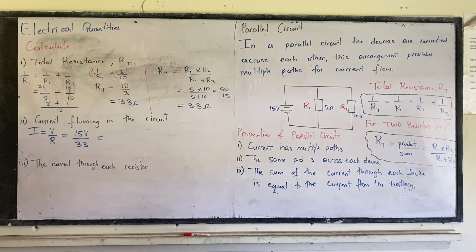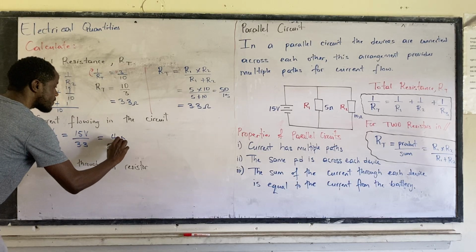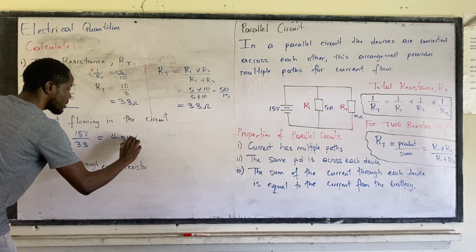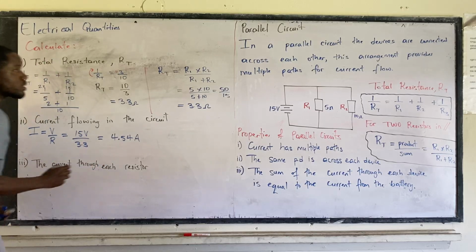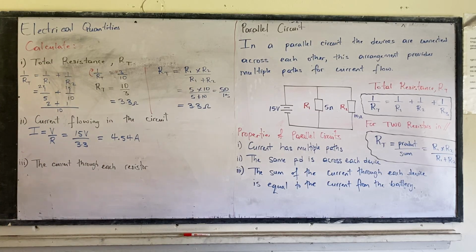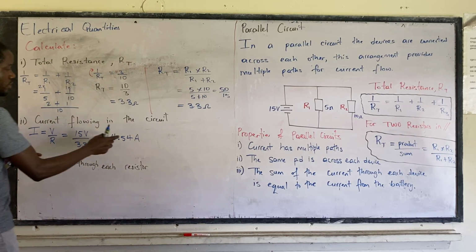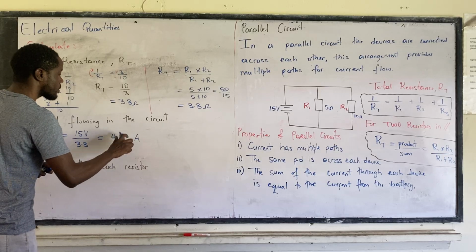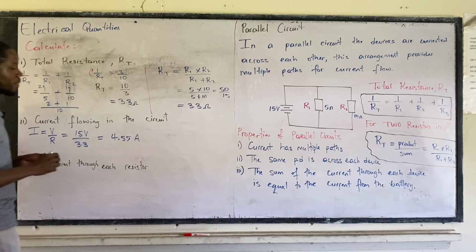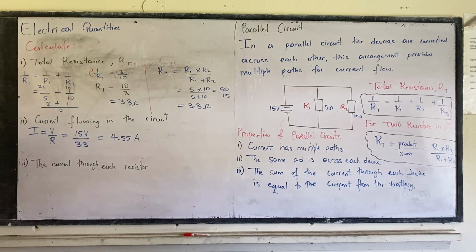And that should give us like 4 point something. Okay? 4.54. And this would be current, so it's going to be amperes. So that's the amount of current flowing. Okay. So 4.55, and this would be ampere. Right? 4.55 amperes.